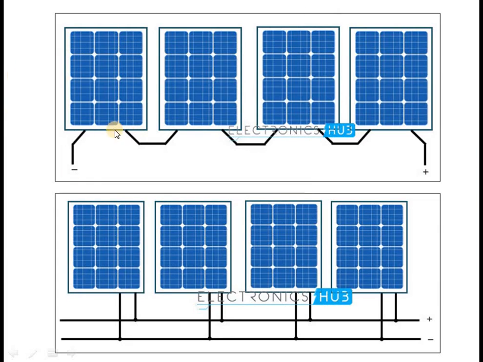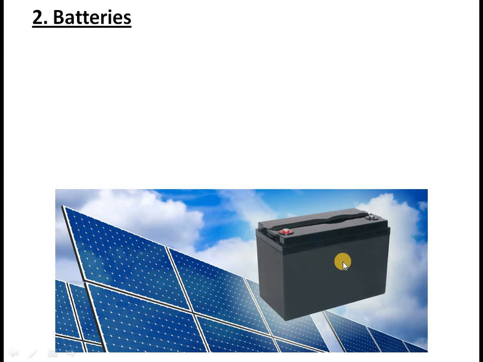Suppose this is a single panel, you can connect them in series like this. This is called a series connection. For certain applications you can use a series connection. And this is what is called a parallel connection. You see, they are arranged in parallel. That depends on what type of application you are focusing on. Accordingly, you can make the connection.